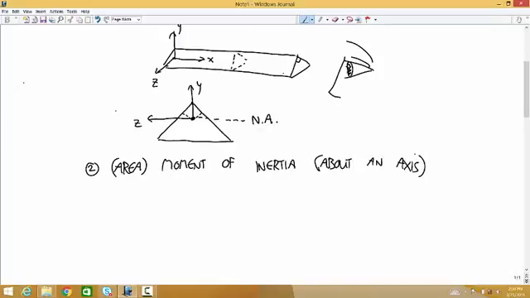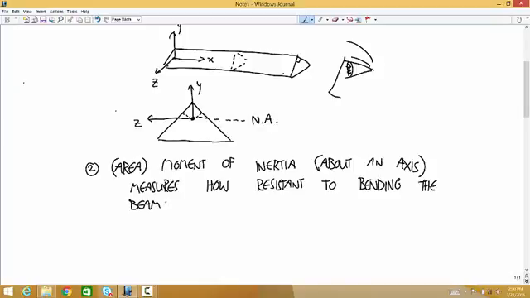And it measures how resistant to bending the beam's cross-sectional shape is. So it's just a geometric thing, but it determines how easy it is to bend this beam.